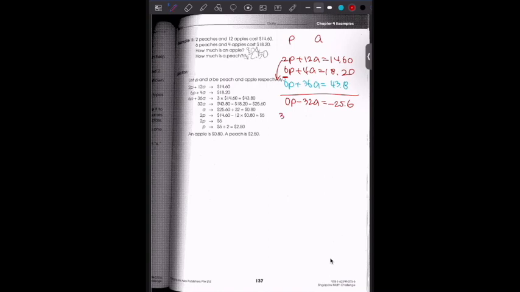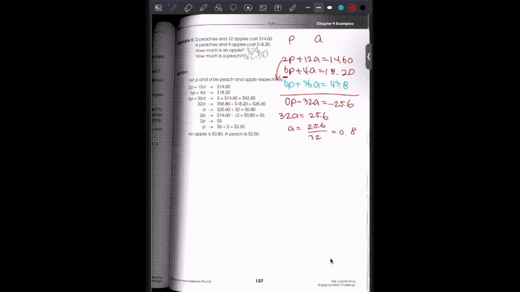And so we know that 32a is equal to 25.6. So a is going to be 25.6 divided by 32. And that is going to be 0.8.